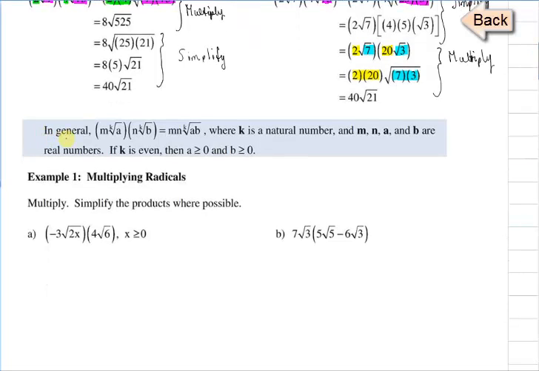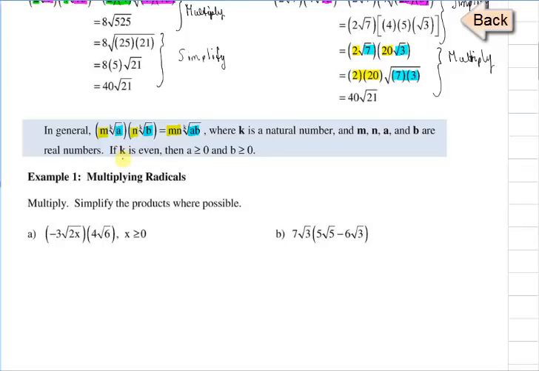So in general, if you have m k root of a times n k root of b, you would multiply your coefficients, okay, the m and the n, and you would multiply your radicals, so you'd have k root of a times b, where k is a natural number and m, n, a, and b are real numbers.